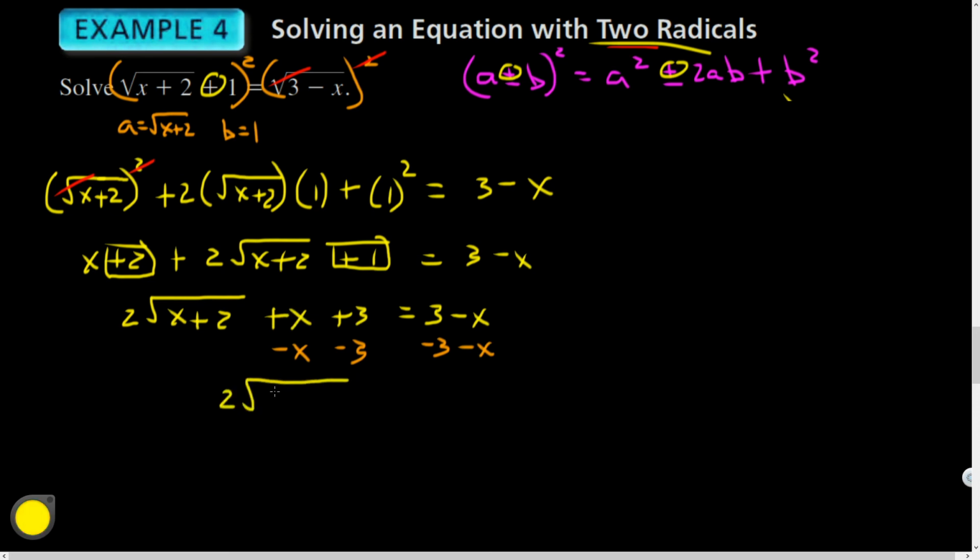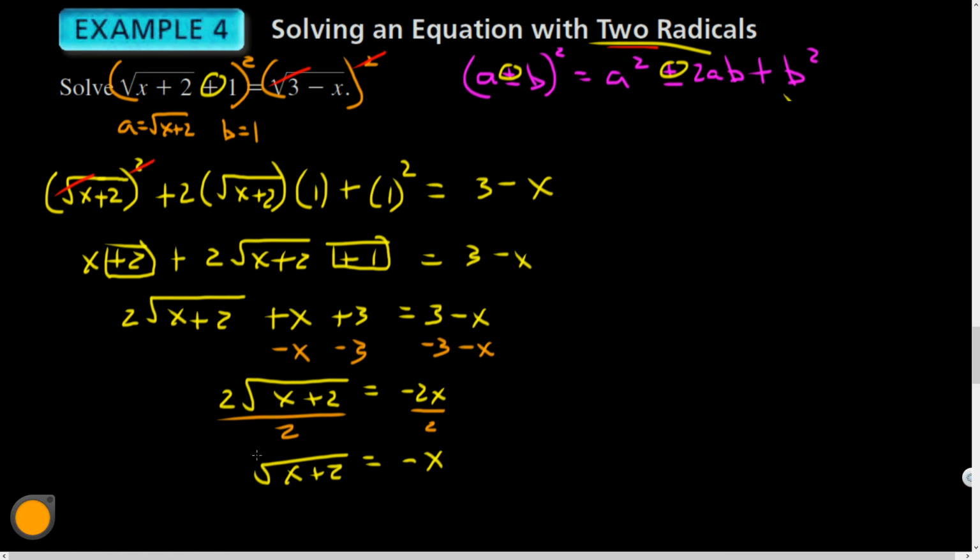I'll have 2 rad x plus 2 equals, the 3's cancel out, I get negative 2x. The radical's not yet by itself, so I'll divide both sides by 2. Rad x plus 2 equals the opposite of x.